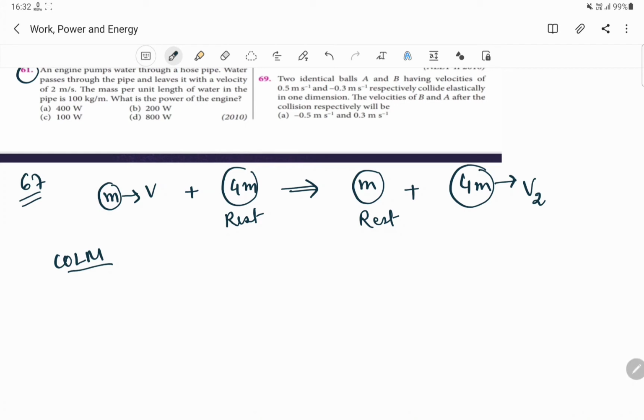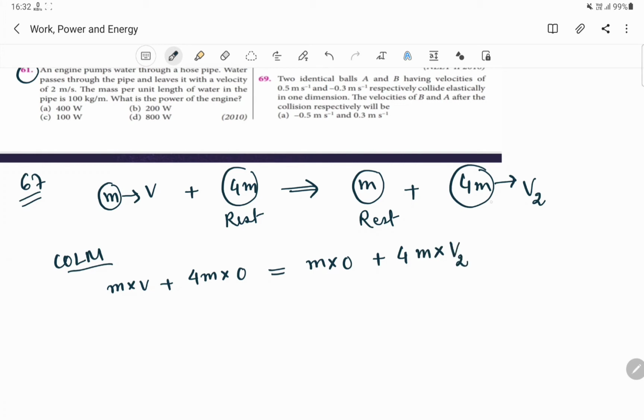What is the initial linear momentum before collision? It will be mass into velocity v plus 4m into 0, equal to the linear momentum after collision, which is m into 0 plus 4m into v2.